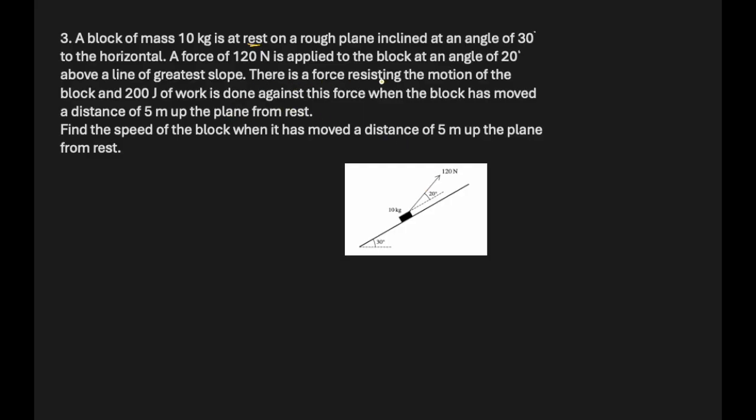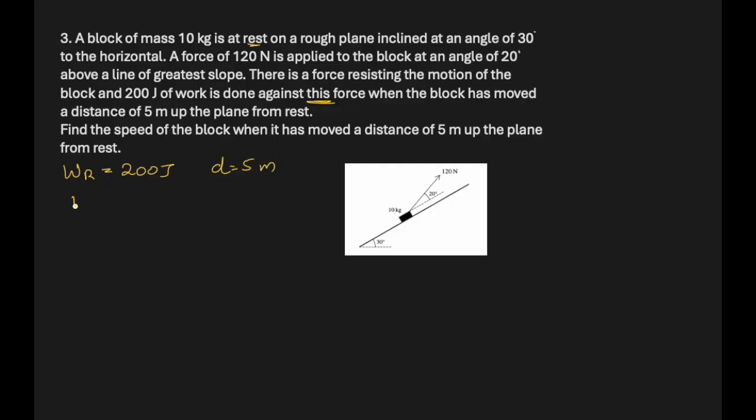There is a force resisting the motion of the block and 200 joules of work is done against this force. So work done against resistance is 200 joules, and the distance traveled is 5 meters.